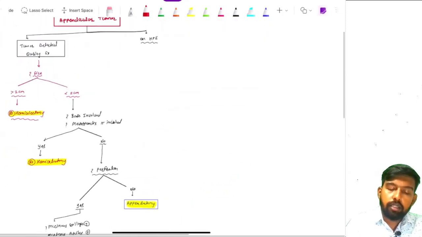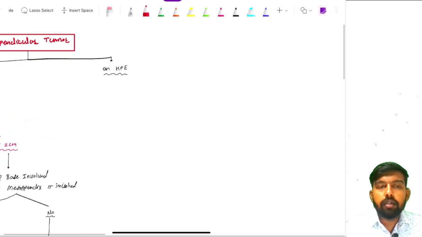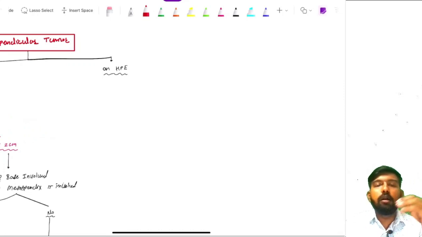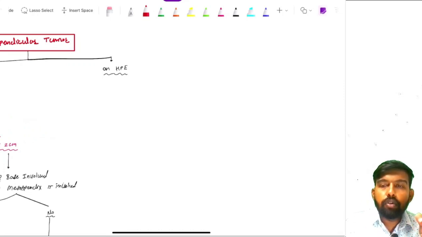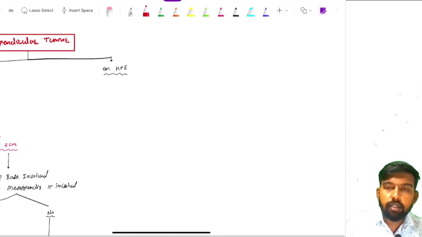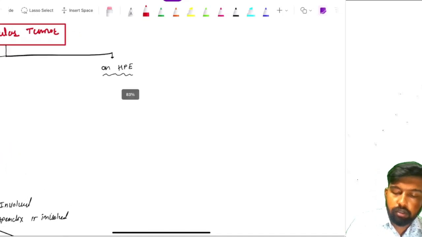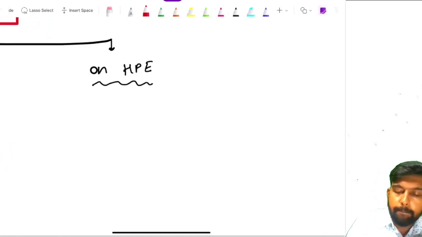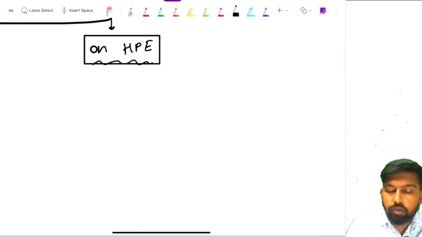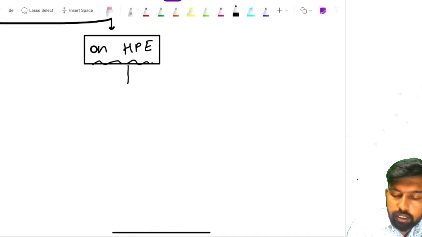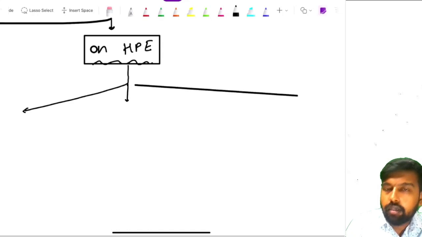Another situation is where the tumor is found in the post-operative period on histopathological examination. Let's see this. The histopathological examination will show the type of the tumor.